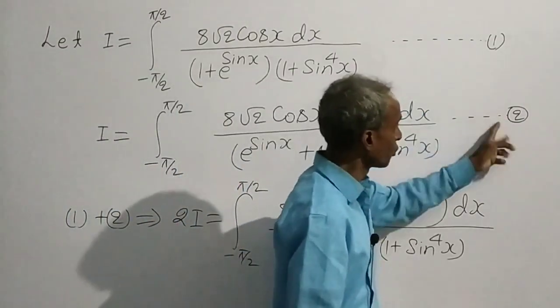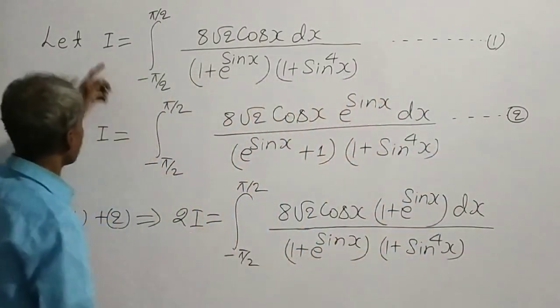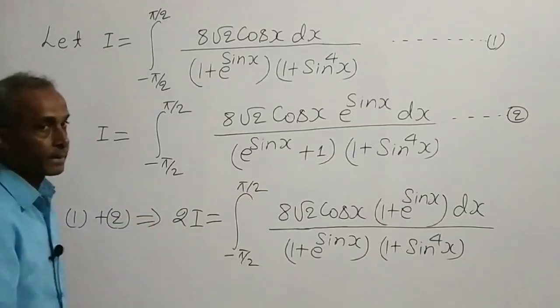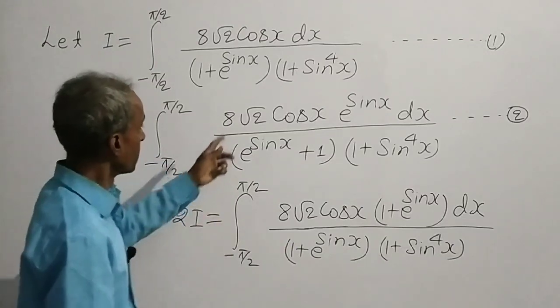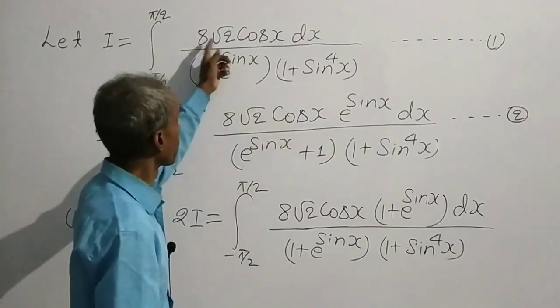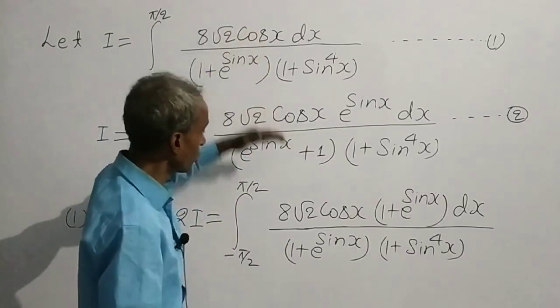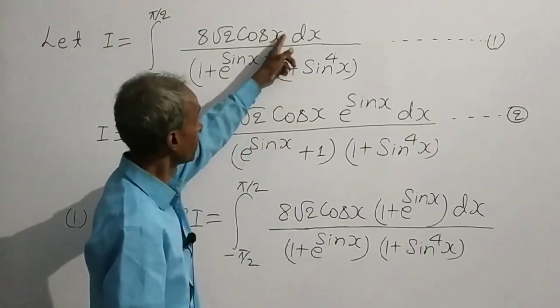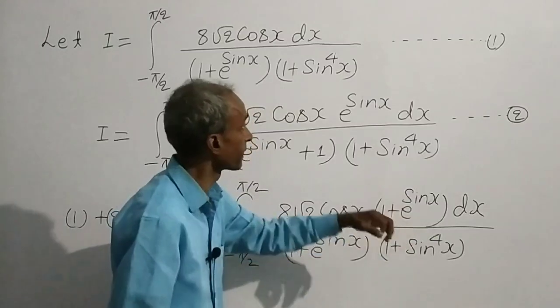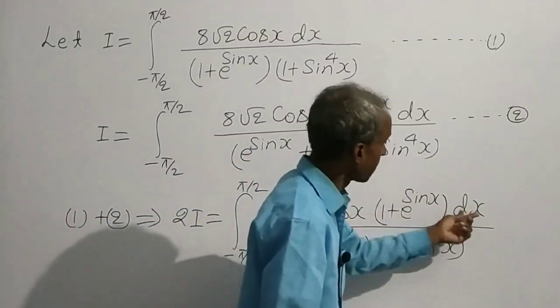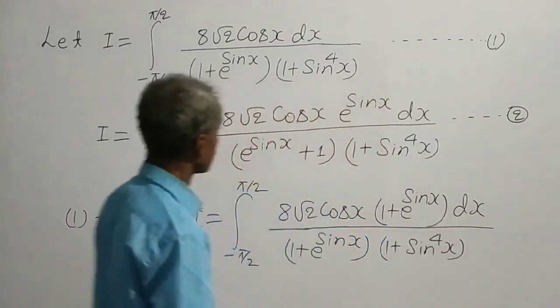Adding 1 and 2, we get I plus I, 2I, this integral plus this integral. We take 8 root 2 cos x common from these two. Then here is 1 and here is e to the power sin x. And after that we write dx.